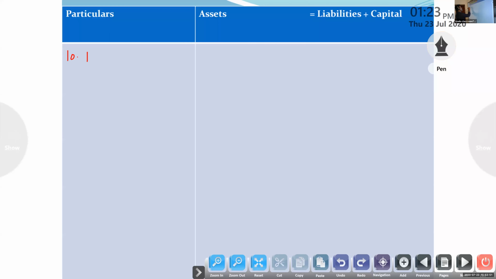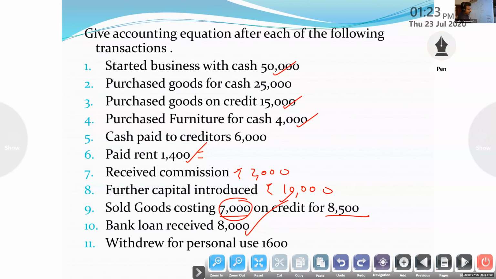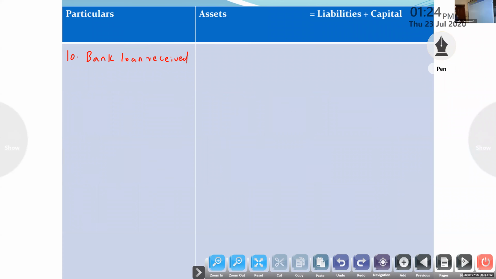Bank loan received, sir, cash 8,000. Loan is asset or liability? If you took a loan from the bank, asset or liability?